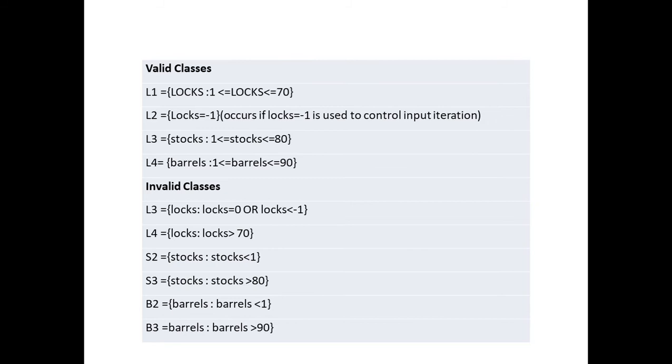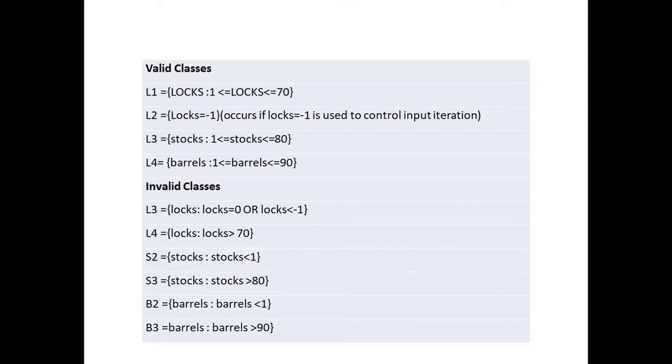Now, what about the invalid cases? Now, for locks, values which are equal to 0 or less than 0 will be considered as invalid values for locks. And locks greater than 70, that is out of the boundary at the upper bound, greater than 70.